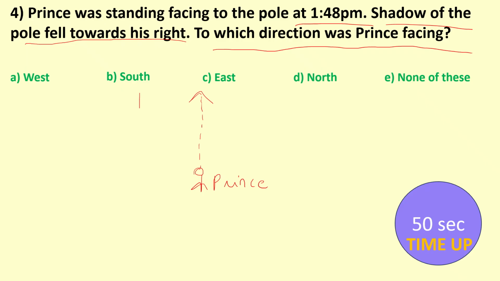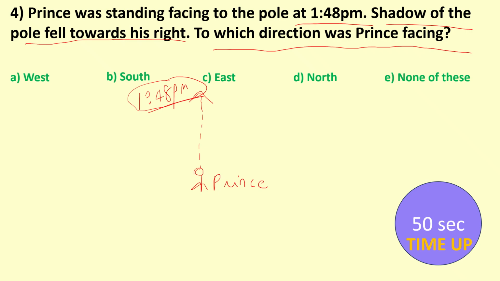At 12 noon sharp, there is no shadow, but it is 1:48 p.m., which means it is during the daytime, afternoon time. So the shadow of the pole fell to his right.